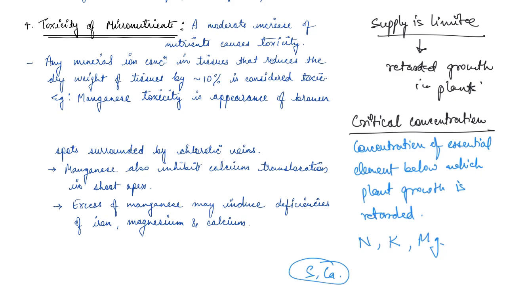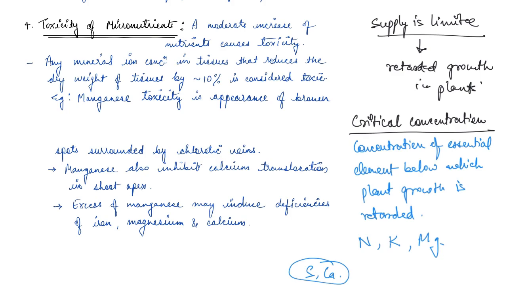So basically, there is a narrow range of concentration for all the elements which is optimum. Now, any mineral ion concentration in tissues that reduces the dry weight of tissues by about 10% is considered toxic. So you'll have to remember that.